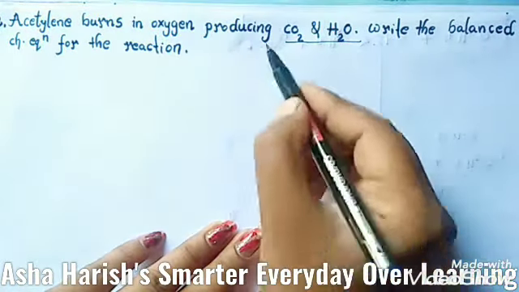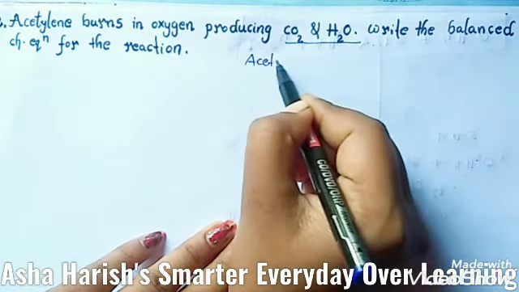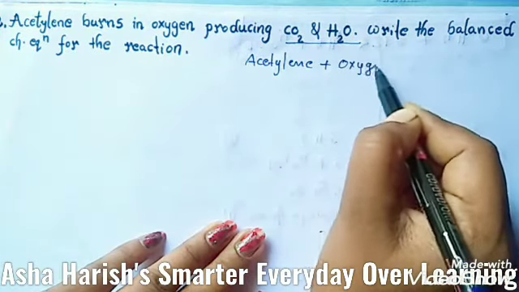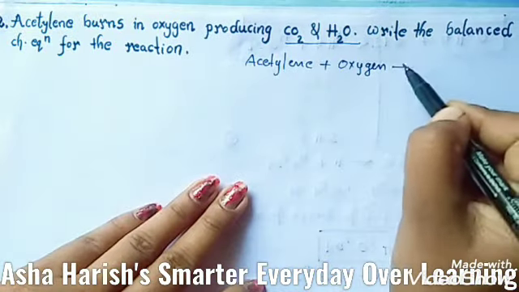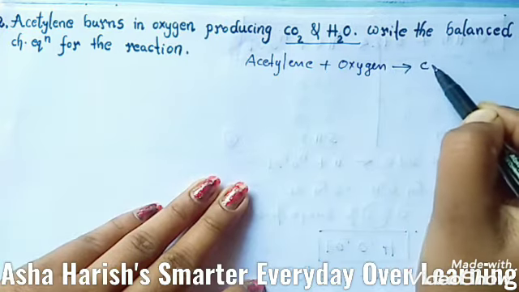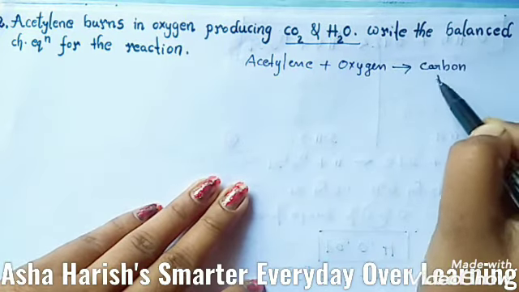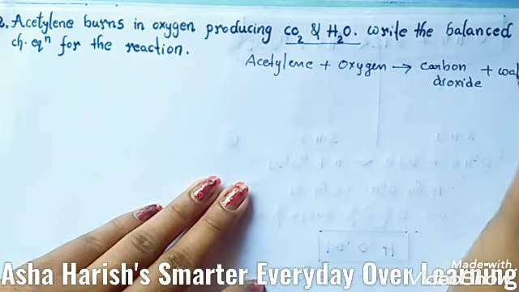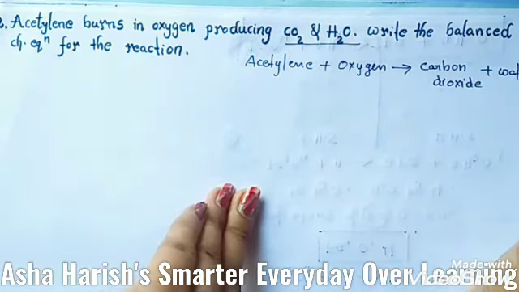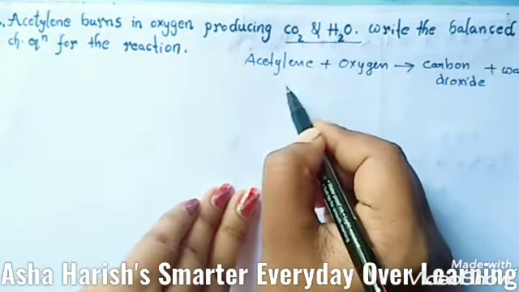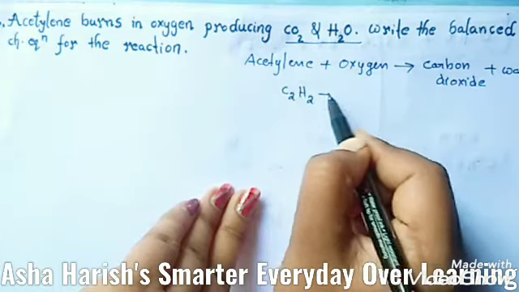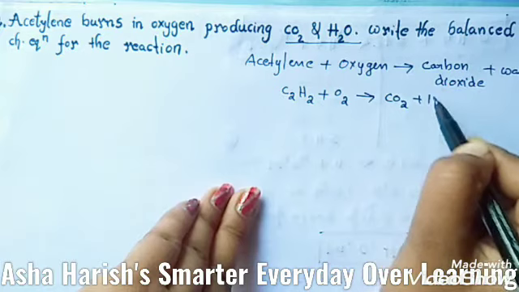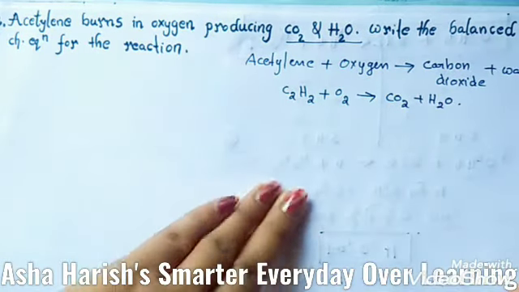Now the reaction is acetylene plus oxygen gives rise to carbon dioxide and water. Now the skeleton equation for this: acetylene formula C2H2 plus oxygen gives rise to CO2 plus H2O.